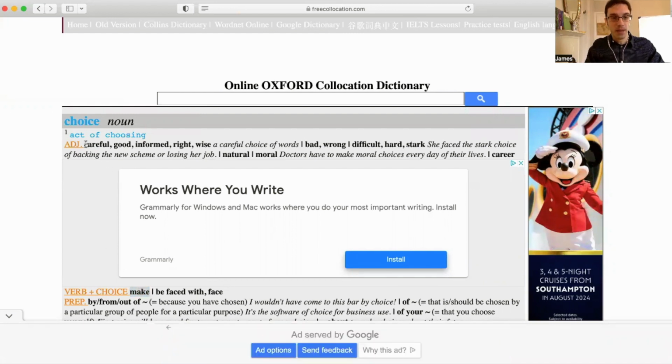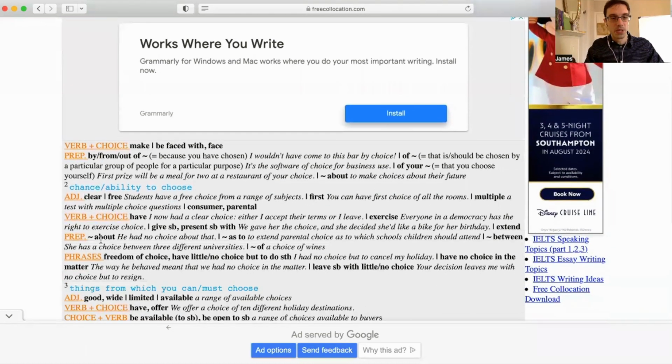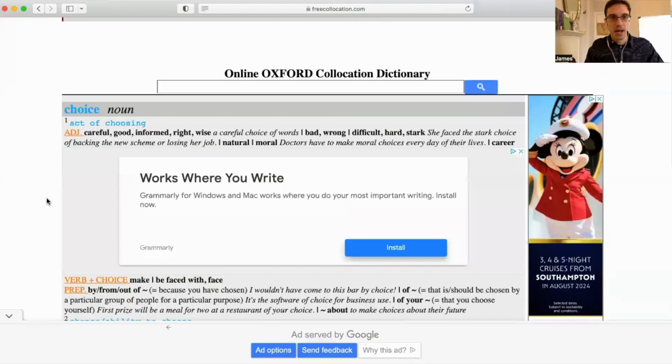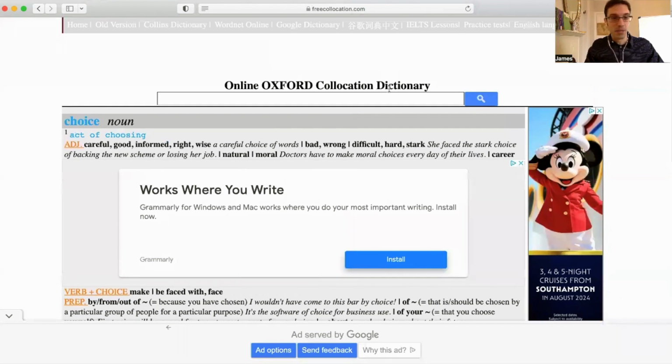And then you have a series of adjectives that also collocate with choice. So you can make a careful choice or a good choice or an informed choice and so on. And you also have prepositions, many other phrases. And this is a really good resource for collocations, especially because, as the name says, it is absolutely free. So this is something I would recommend that you use.